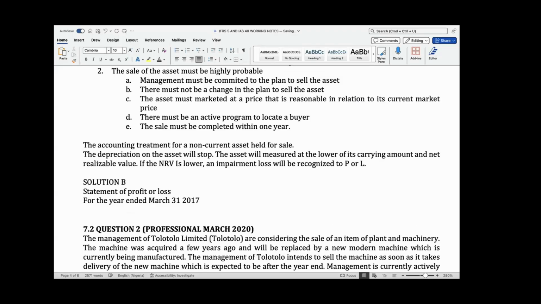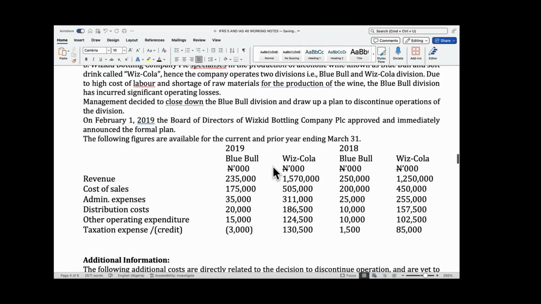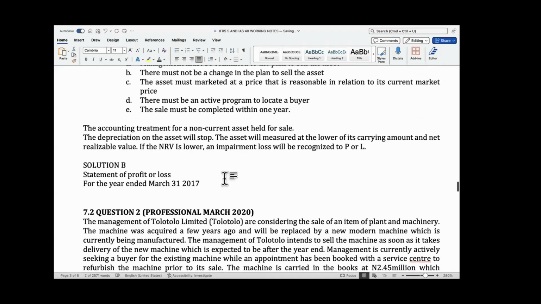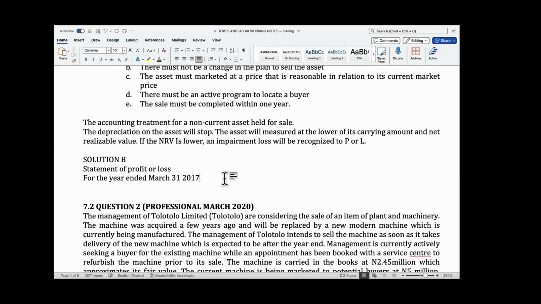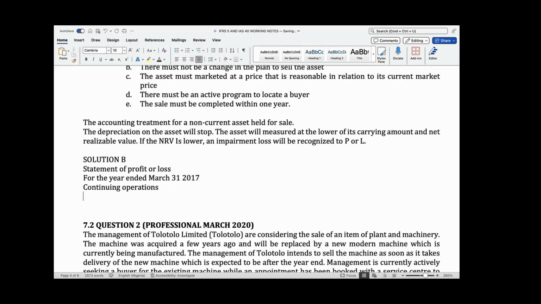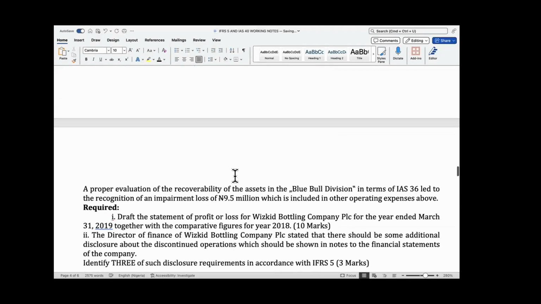Because the company has a discontinued operation, which is Blue Bull, that they want to discontinue, for that reason we will need to separate the continuing operations from the discontinued operations. So we'll have continuing operations, and we'll also have discontinued operations.